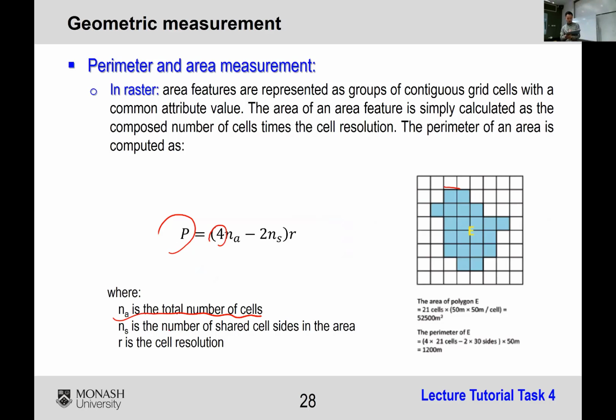Minus the shared cell sides in the area. So in this case, the total number of cells is 21, and the shared sides are 30. So for example, this is 1 shared side, 2, 3, 4, 5, 6, 7, 8, 9. So that's 30 in total. So that's how the perimeter of raster data is calculated.